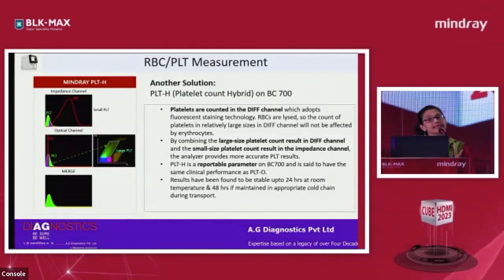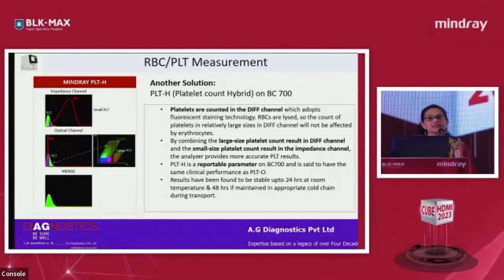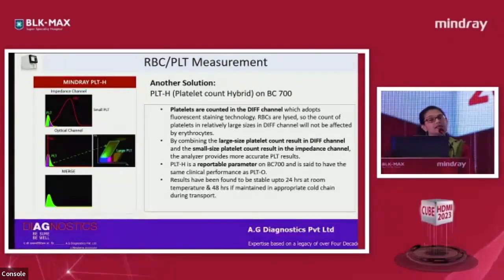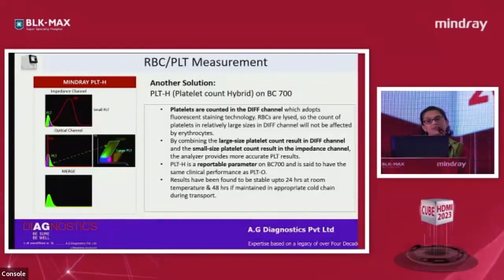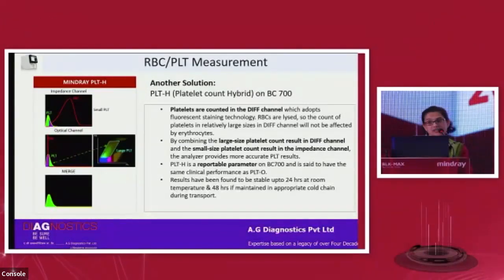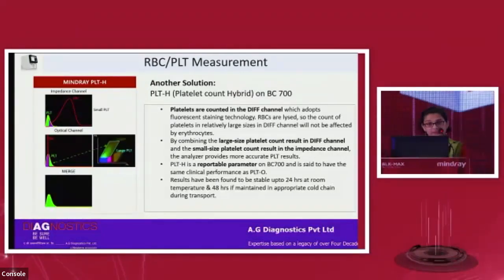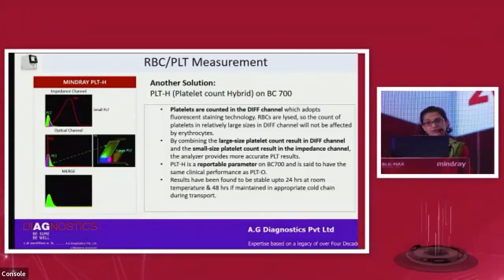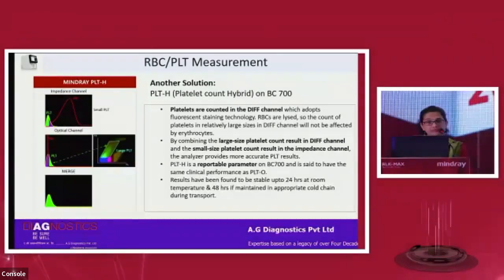Now, by combining the large size platelet count result in the diff channel and the small size platelet count result in the impedance channel, the analyzer arrives at the platelet H, which is a reportable parameter on this instrument and is said to have the same clinical performance as platelet O. Results have been found to be stable up to 24 hours at room temperature and 48 hours if maintained in appropriate cold chain during transport.